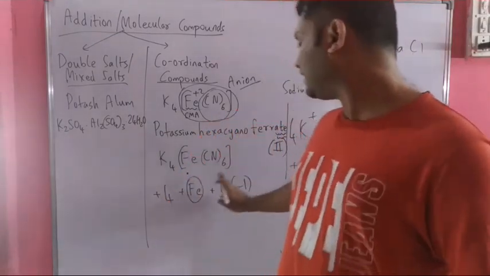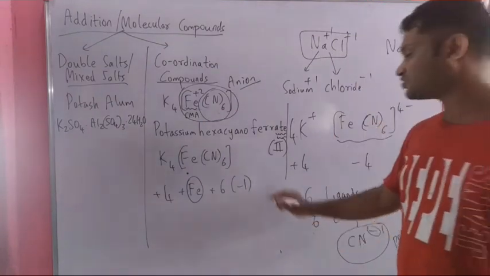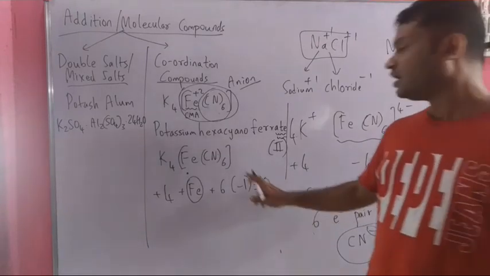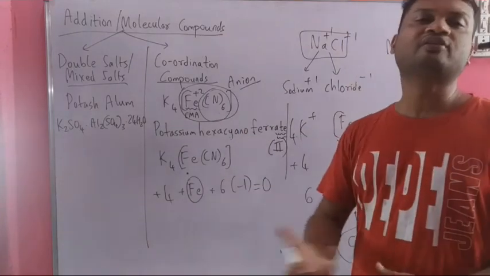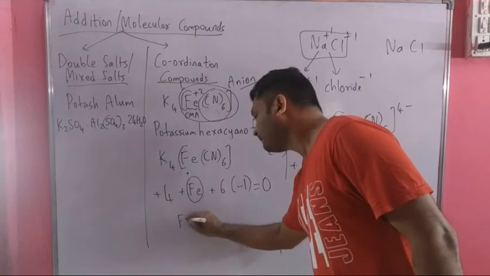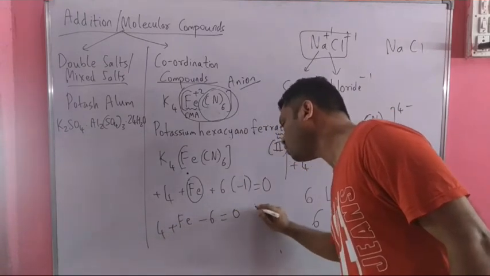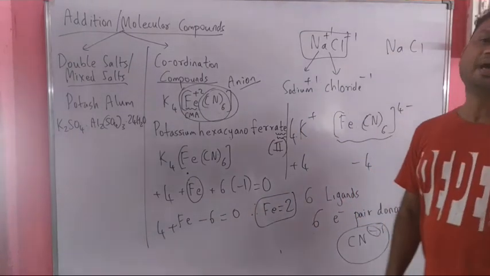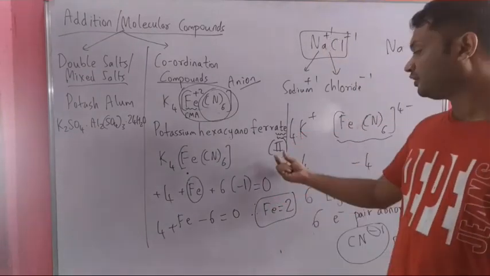So 6 cyanide ions will have a charge of 6 into -1, which is -6. And the sum of all the oxidation states will be 0. Why? Because overall this compound is neutral. So from this equation we can easily get the oxidation state of iron: 4 plus Fe minus 6 is 0, giving us the Fe oxidation state as +2. Hence in parentheses here we have written the +2 oxidation state in Roman numerals.